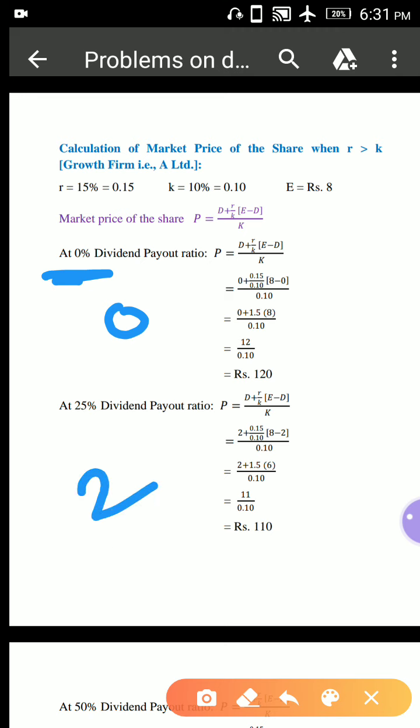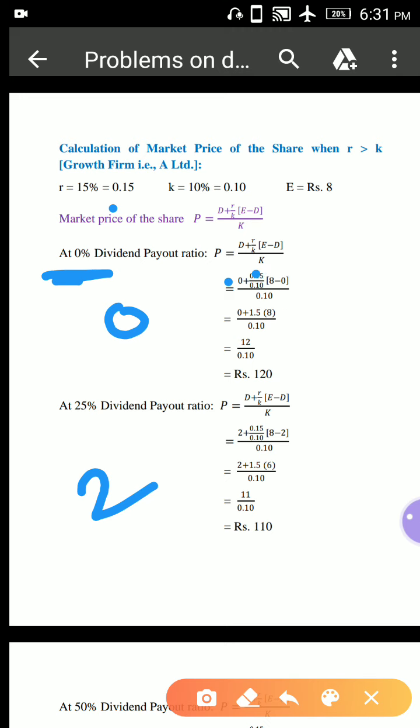Now see, P is equals to D, that is 0, plus R 0.15 divided by K 0.10 into E minus D, E that is 8 minus D that is dividend 0, divided by K 0.10.